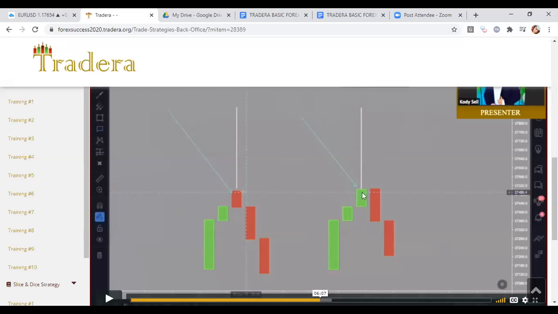Well, it depends on what the trend is. You want to trade with the trend. You don't want to counter trend trade. So depending on what the trend is, if it's a bearish market, let's say that this was the retracement, and you get this candle, and you know that price is about to go back down.